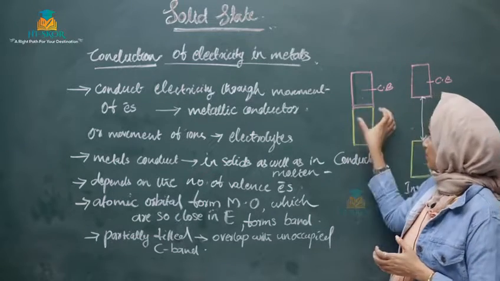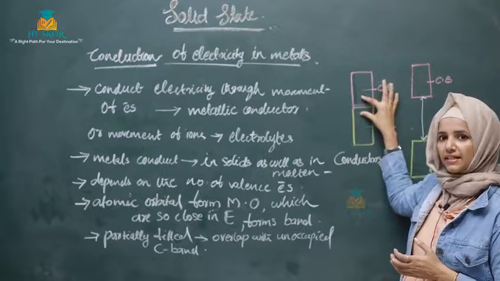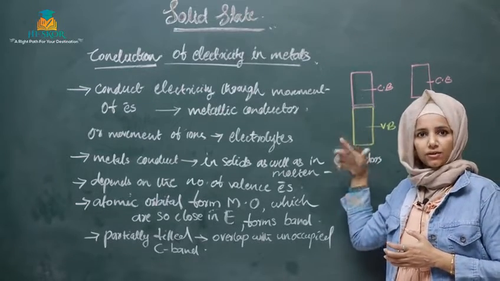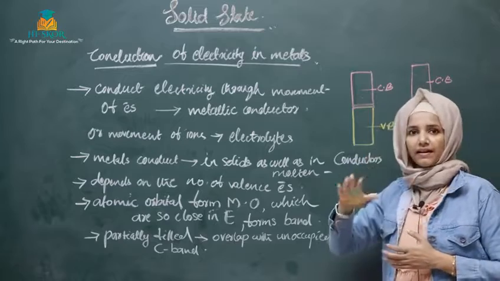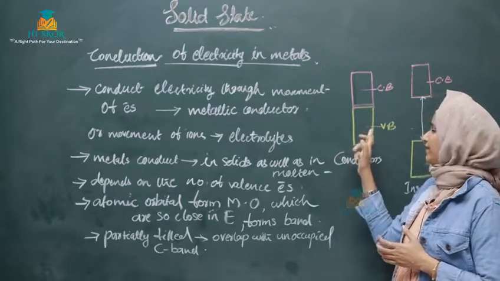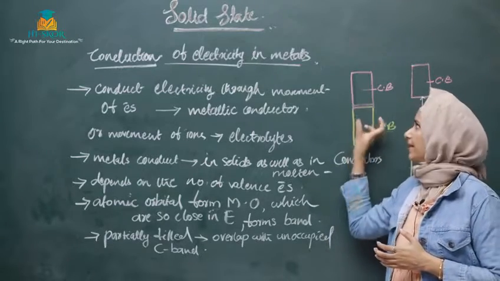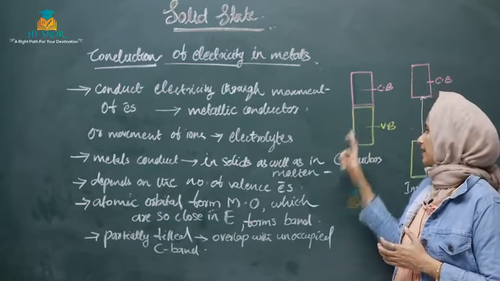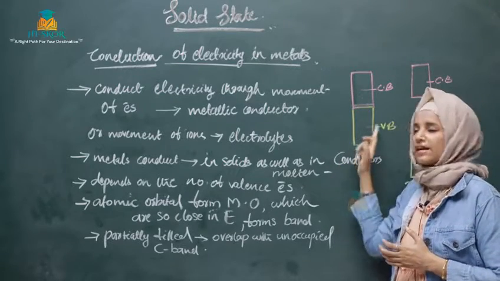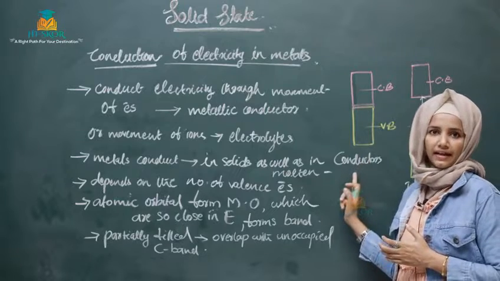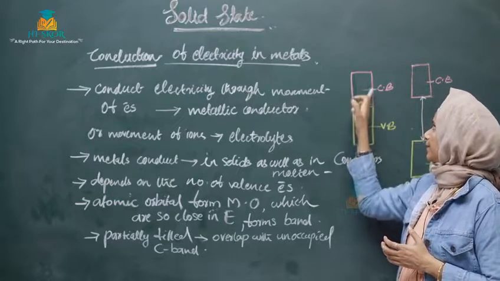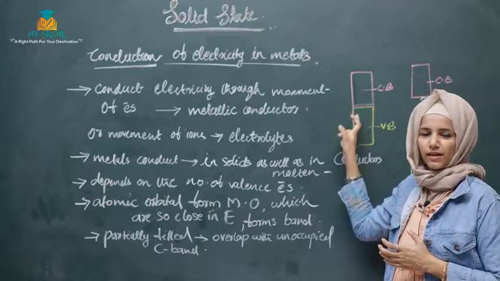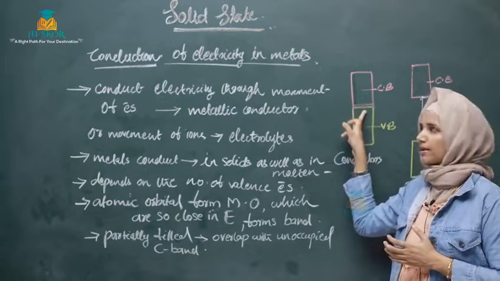Because they are very close to each other, the valence band is filled with electrons, but the conduction band is unoccupied. So the electrons can easily jump, because they overlap, and conductivity is more. Such materials are called conductors. In conductors the gap between valence band and conduction band is very small, or we can say there is no gap.